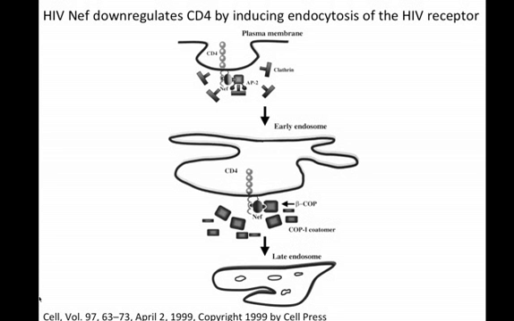So that's kind of cool, if suddenly one of the main mechanisms for activating part of the immune system is shut down. Well, not really for us. It's cool for the virus, right? And then it goes to the early endosome and it's degraded in the lysosome.